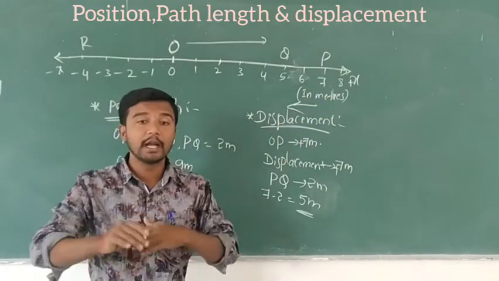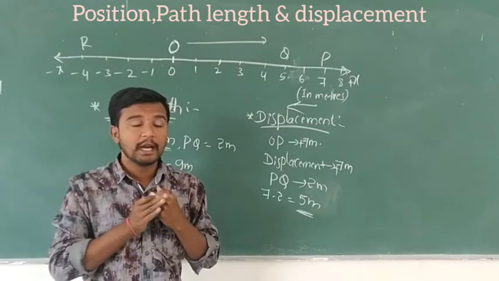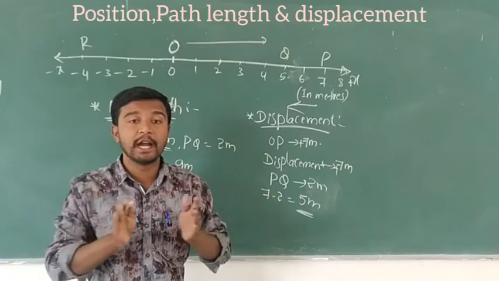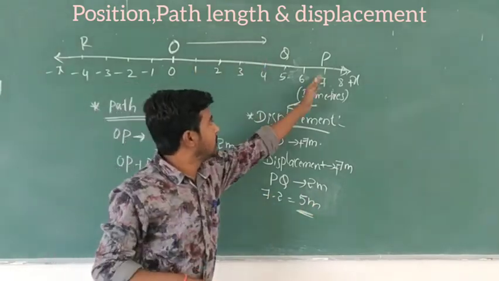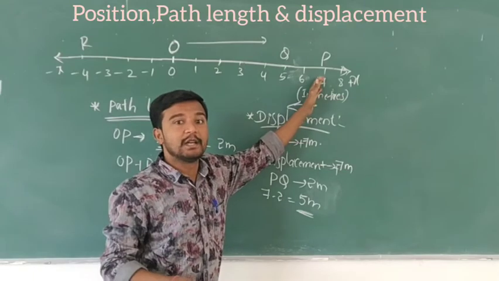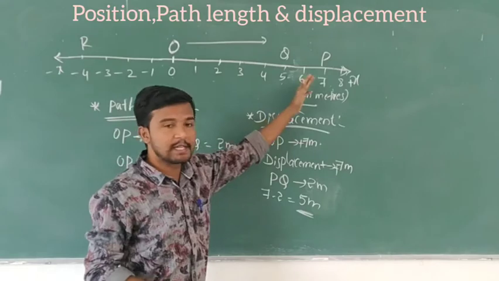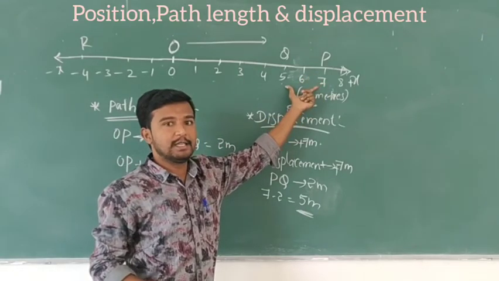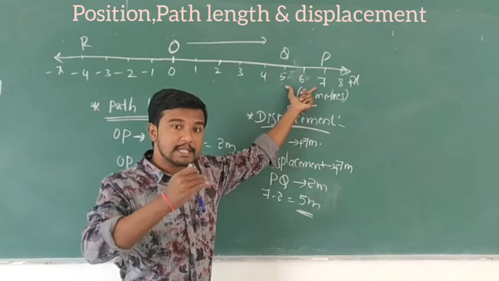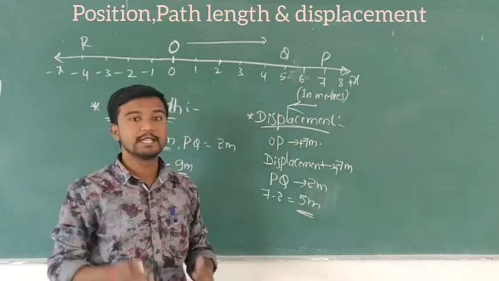Dear students, first I tell you what O to P is: distance 7 meter and the total displacement is 7 meter. The object does not change direction. Now the object position will change to P. Now what will happen? 0 plus 7 is 7, and again 2 meters, so we will subtract it. 7 minus 2 is 5 meter.